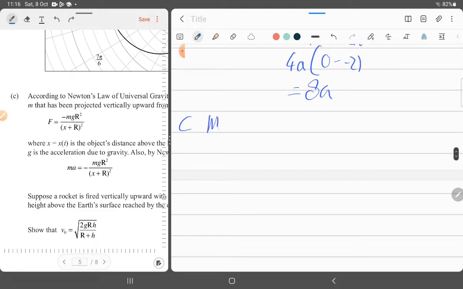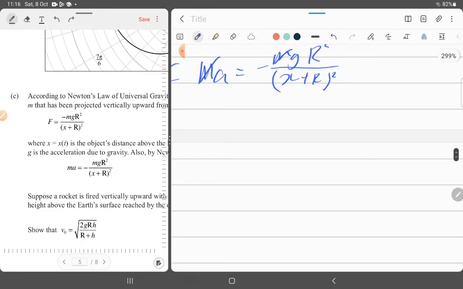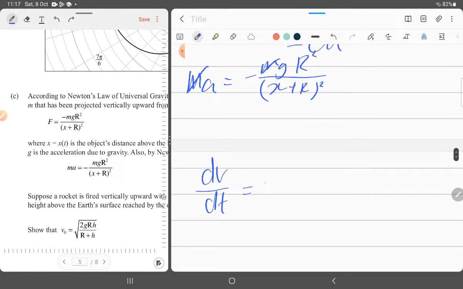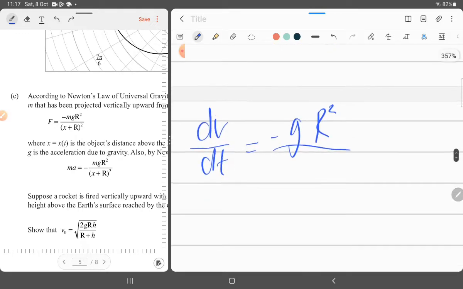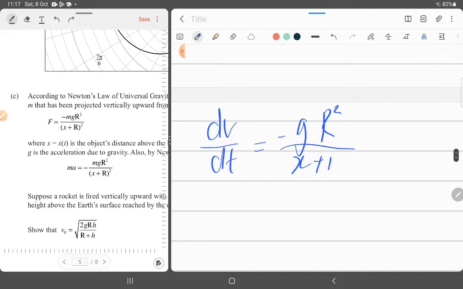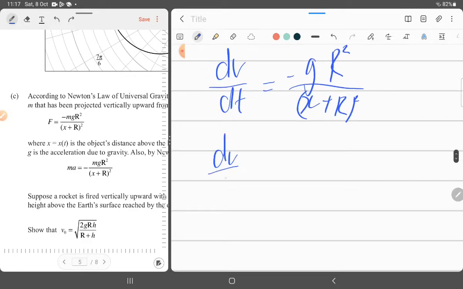So mass times acceleration is negative mass times gravity times r squared all over x squared. You can just cancel m out from that. Acceleration is also equivalent to dv over dt, change in velocity over change in time, so we get g r squared all over r plus r o squared. Is it dv over d?